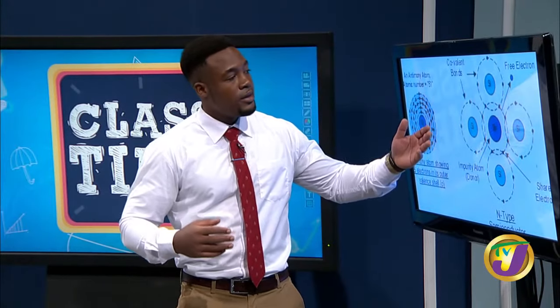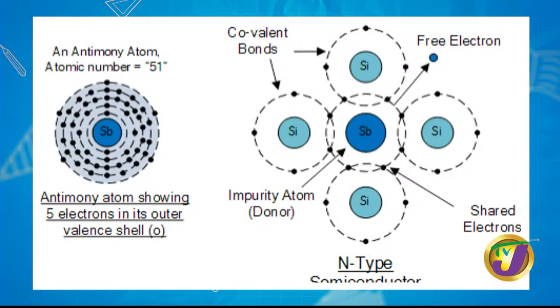Based on the electrons on the outermost shell of the antimony atom, you have a resulting free electron without a bond. This free electron is able to roam. And as Mr. Myers mentioned, based on electron theory, the movement of electrons is what causes our current.